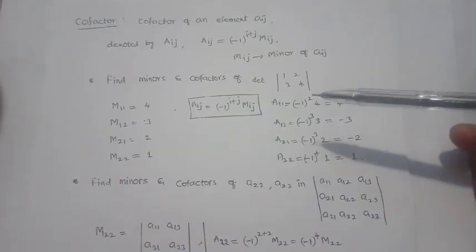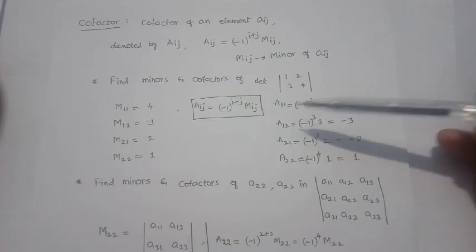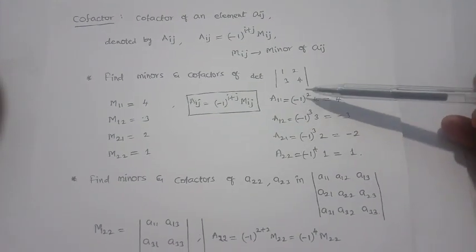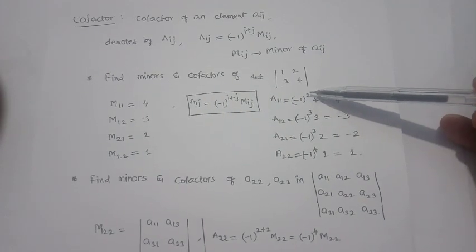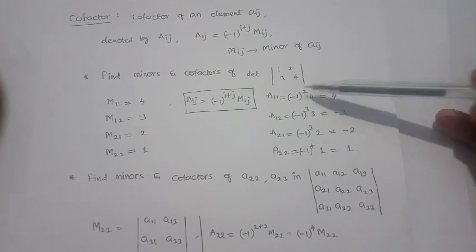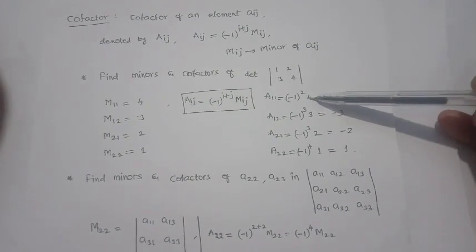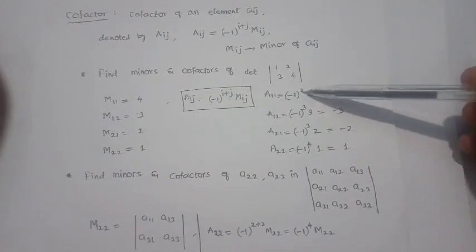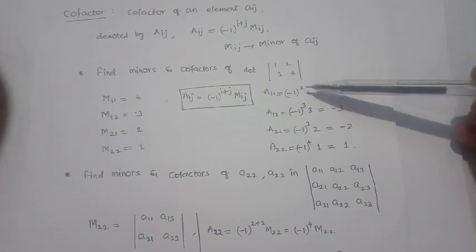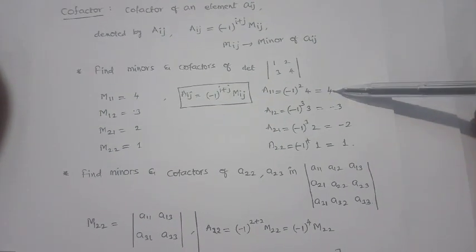Coming to the cofactors, A11 is equal to (-1) whole power 1 plus 1. 1 plus 1 is equal to 2, and M11 is equal to 4 here. So (-1) whole power 2 is nothing but +1, and 1 into 4 is equal to 4.